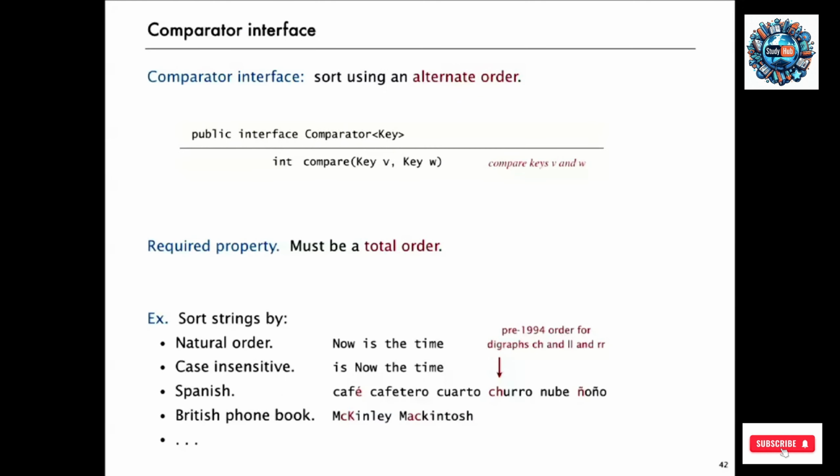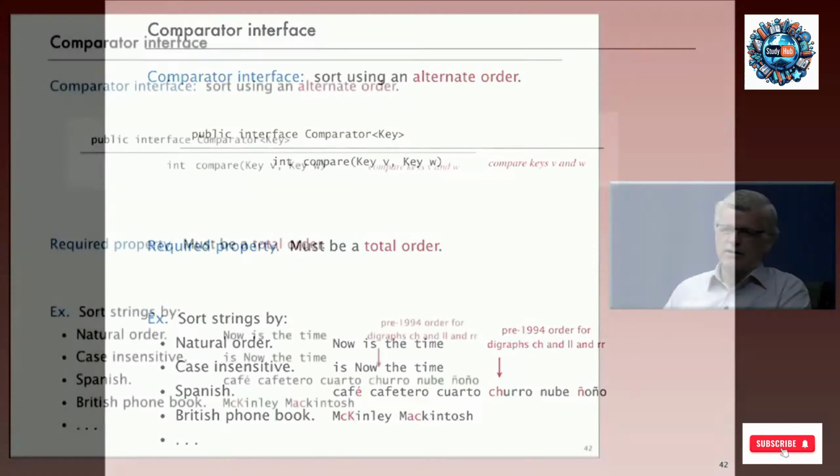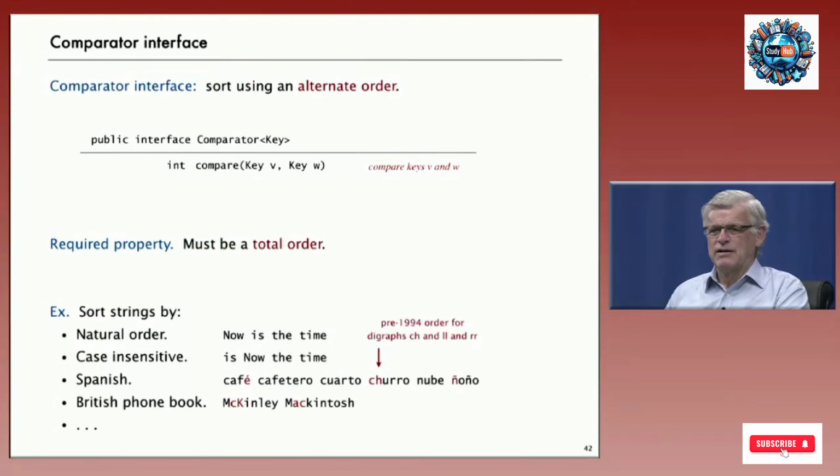But there's a different interface called the Comparator interface, which is a way to help us sort using some alternate order or many different orders on the same data. And the comparator interface, again, just says that it's going to implement a method compare that compares two different keys of a given type, of the generic type. Again, it has to be a total order.